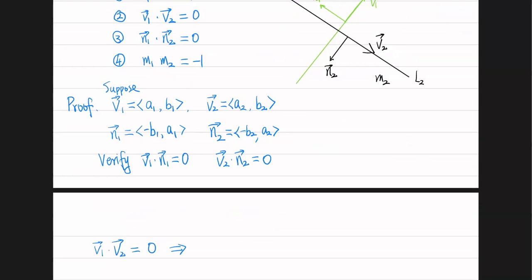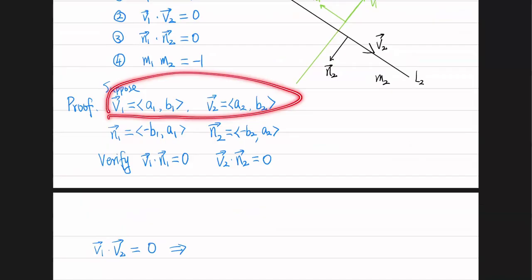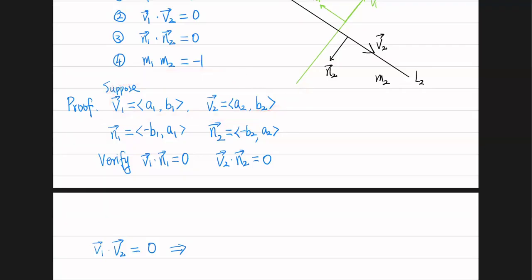If we do the dot product of these two vectors, what do we get, Amy? Jessica, V1 and V2, what's their dot product?